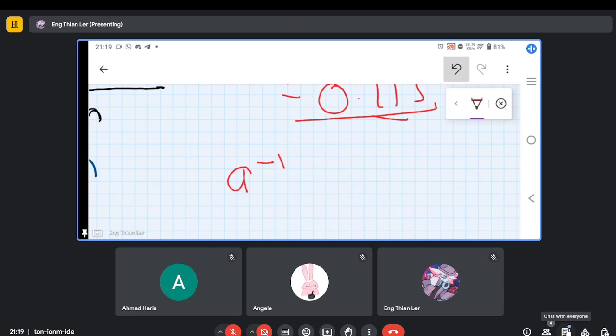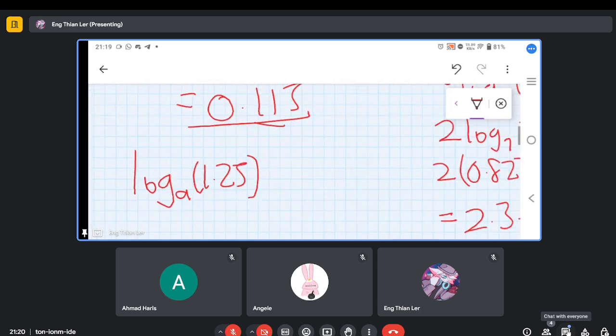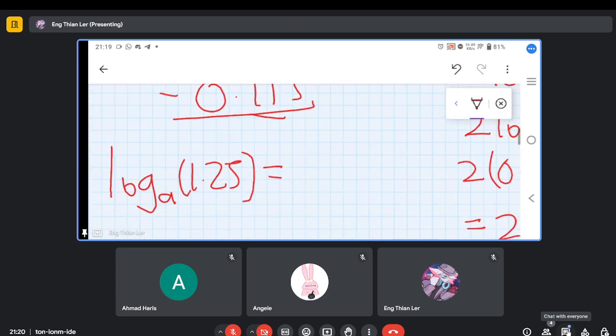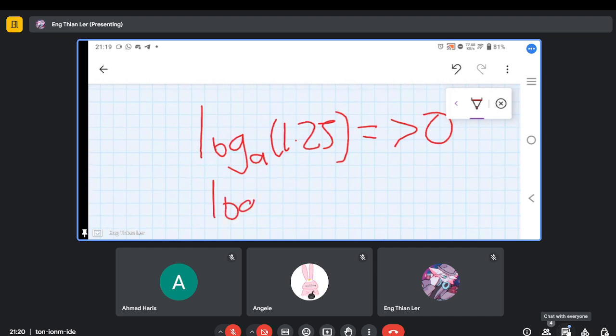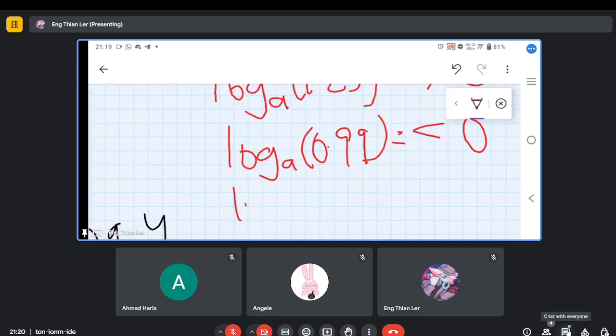So when we get a number, log A base B, let's say the number is 1.25, the product must be greater than 0. Even 0.99 is negative. But we cannot put a negative in the base B. It's just like that.